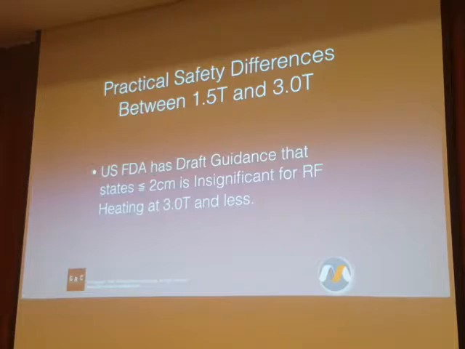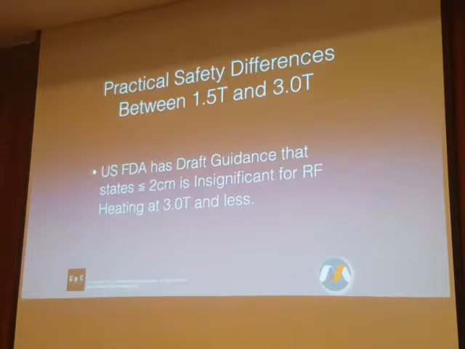the length of an antenna that produces resonant frequency heating results is a product of the media that it is within. So if that media is the human body, that's when we have, for 1.5, the 25 to 30 centimeters, for 3 Tesla, the 12 to 15 centimeters.